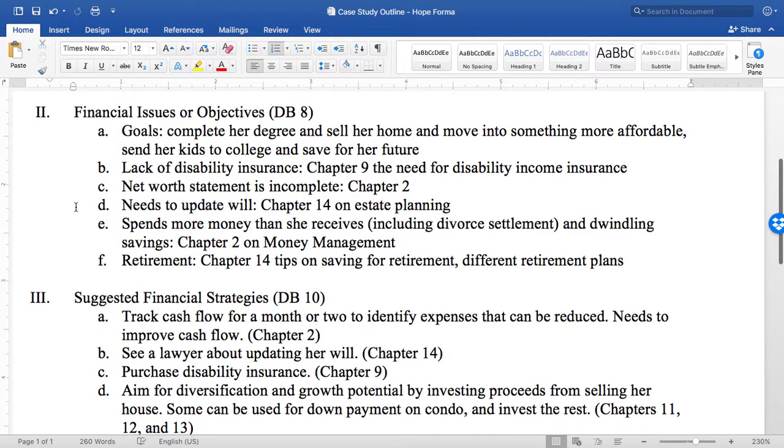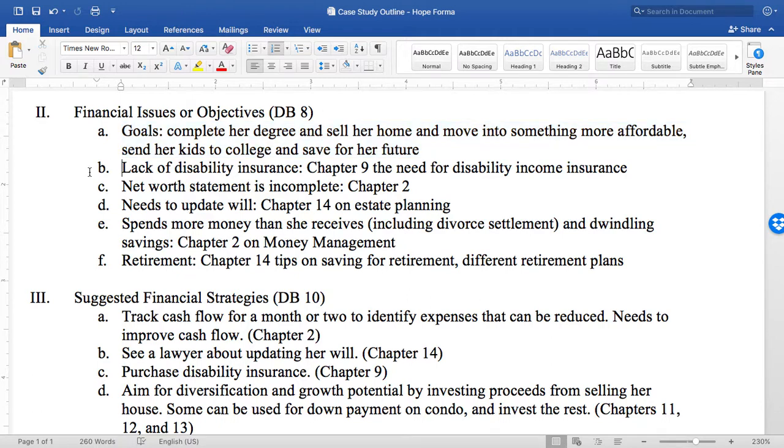For the second part of the outline, this is what we did in discussion board 8, where we analyzed our case study regarding the financial issues or objectives. After reading the case study on Forma, I wrote down and outlined the issues that she's facing. She has several goals regarding her home and her kids' college funds and her own retirement.